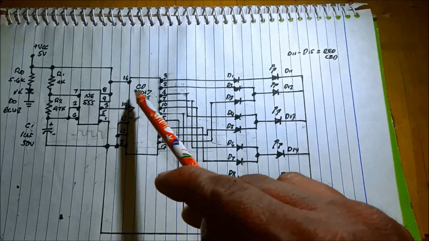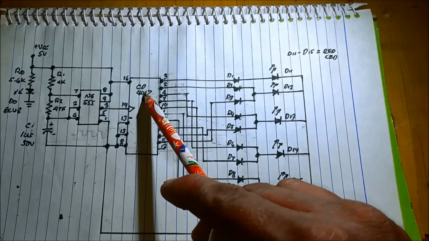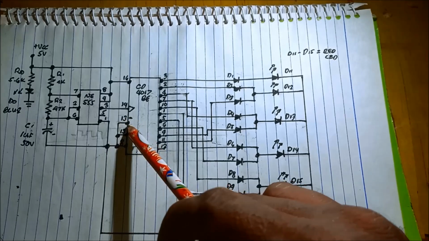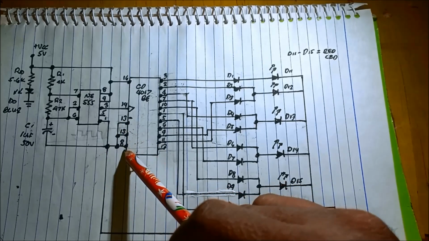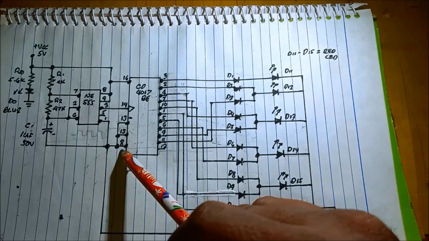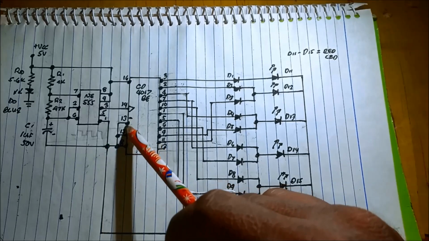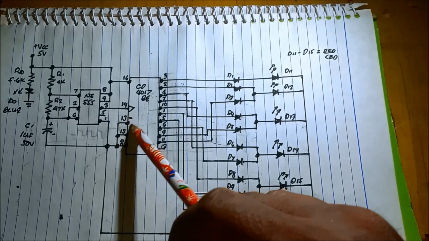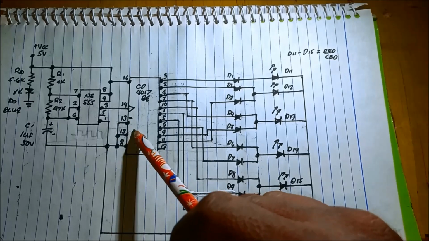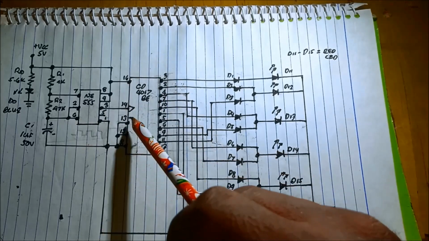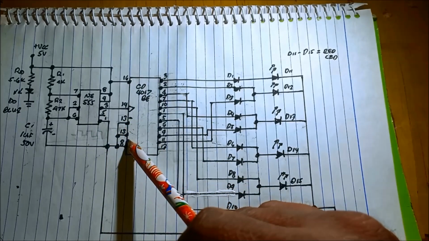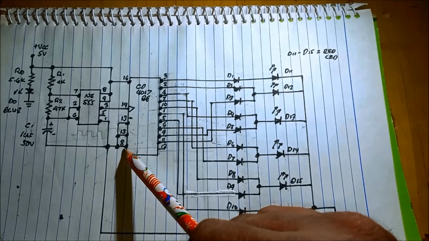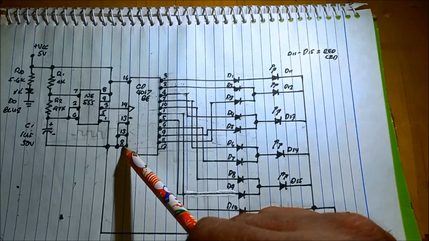Pin number 13 and 15 to the ground, the enable and reset pins, and pin number 8, the ground. So these three are all grounded.